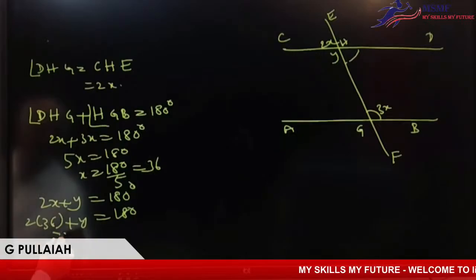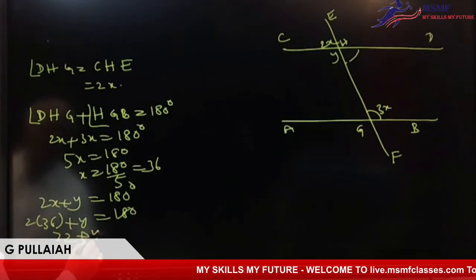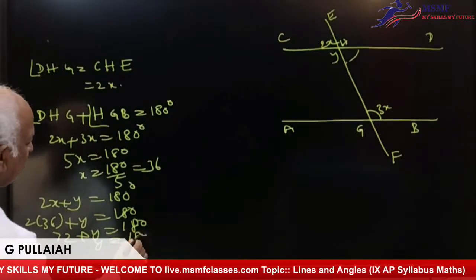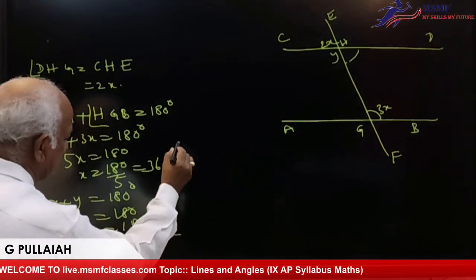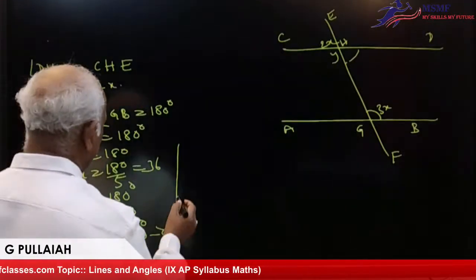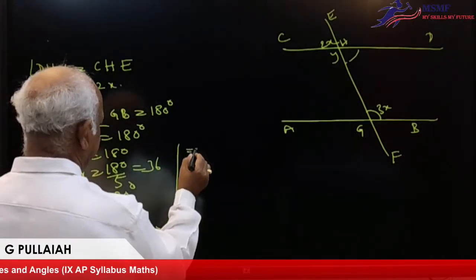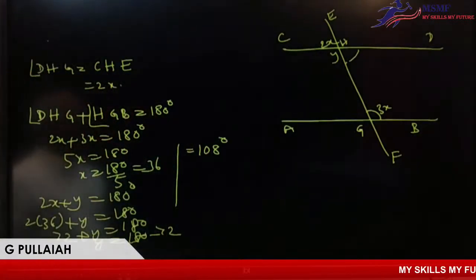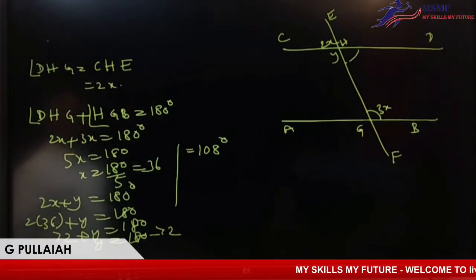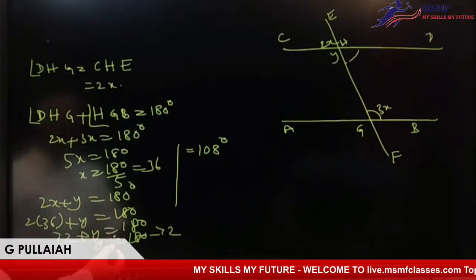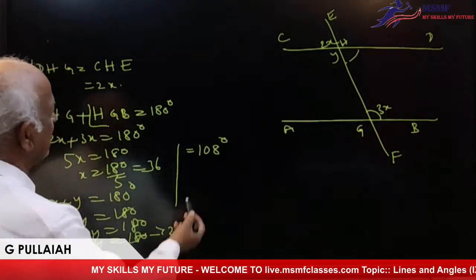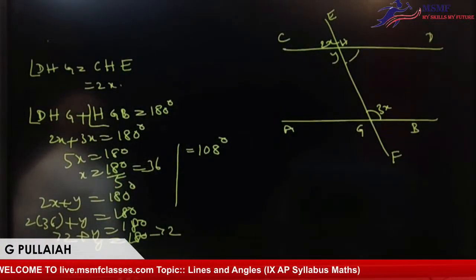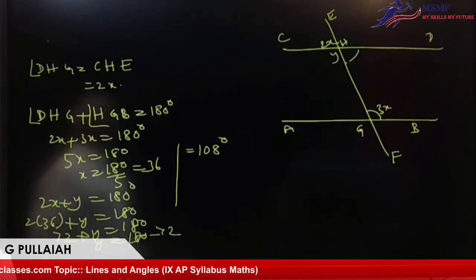So now here 72 plus y is equal to 180. Therefore y is equal to 180 minus 72, that is 108 degrees. So x is equal to 36 and y is equal to 108. So any of your doubts?